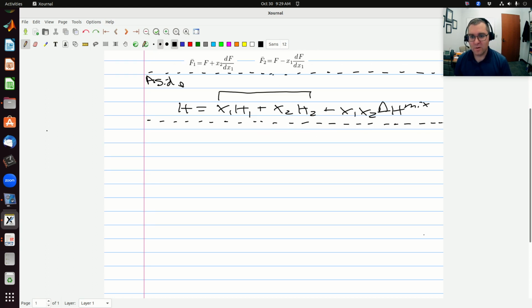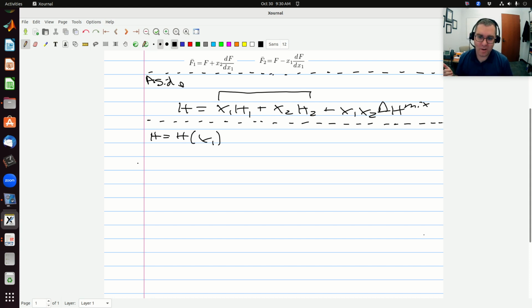The idea, as we already mentioned, is that my enthalpy is going to be a function of temperature and pressure, which we're not explicitly given, and then composition, x1. I don't need to list x2 because x2 is 1 minus x1. Well, H is going to correspond to the enthalpy of my mixture from pure component 1 to pure component 2.